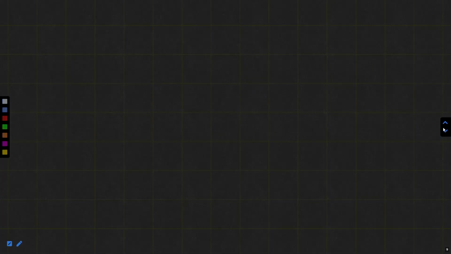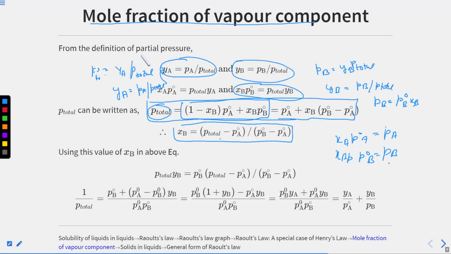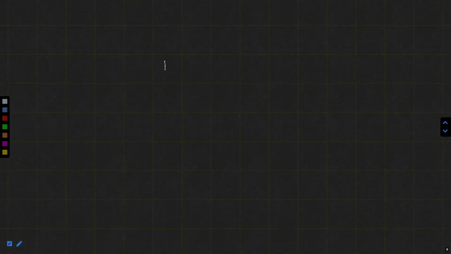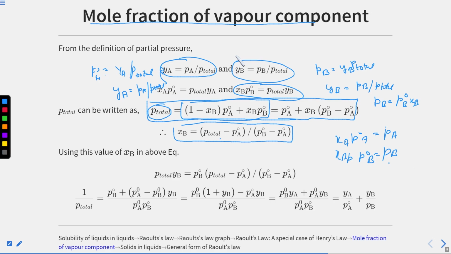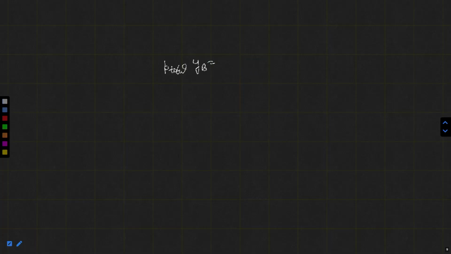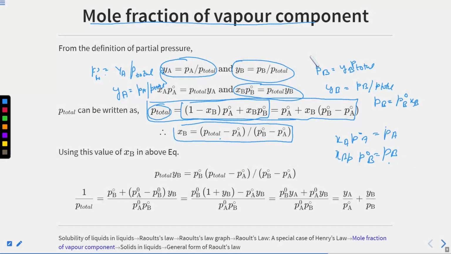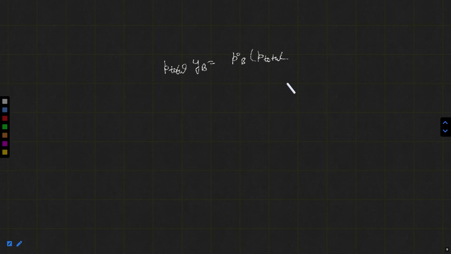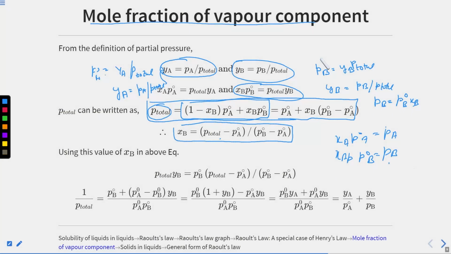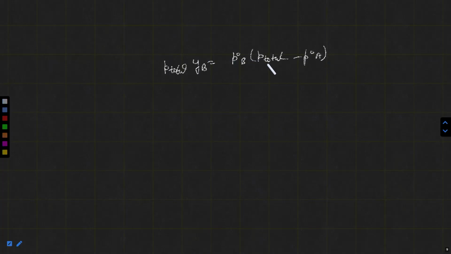It is written as P total YB is equal to P naught B into P total minus P naught A, divided by P naught B minus P naught A.